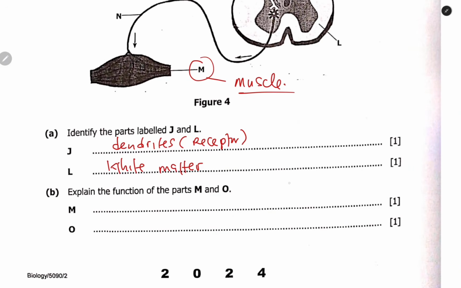So the muscle is the effector and its function is to carry out response to the stimuli or electric impulse. So carry out response to electric impulse or nerve impulse. That is the function.